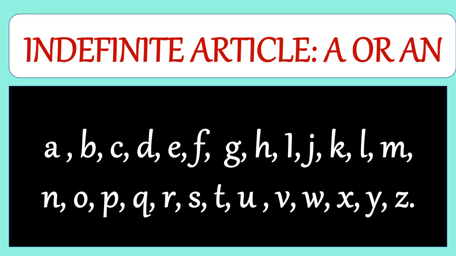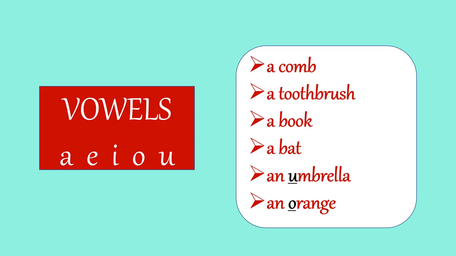There are total 26 letters in the English alphabet. Out of these, 5 letters, that are A, E, I, O, U, are called vowels. So when a word starts with a vowel, or more specifically with a vowel sound, we use an before such words.